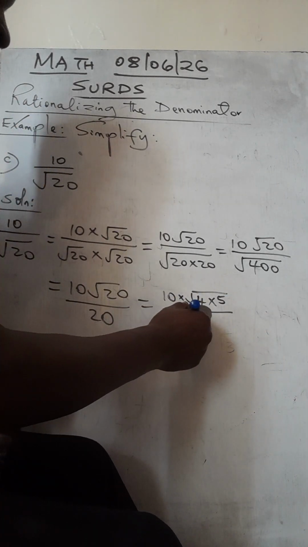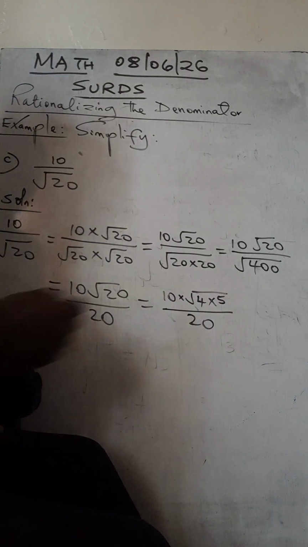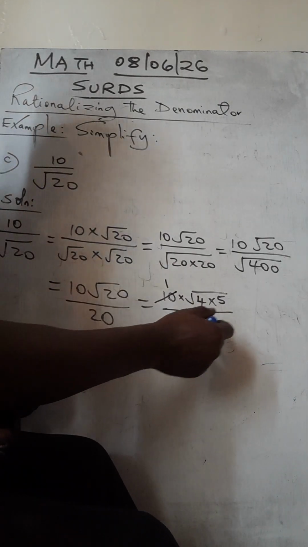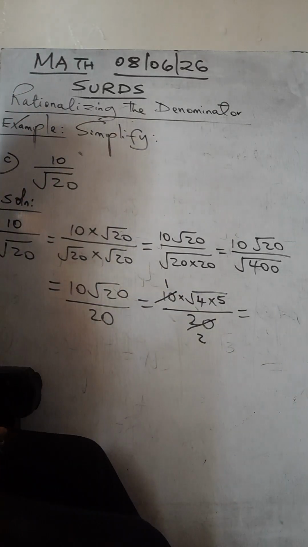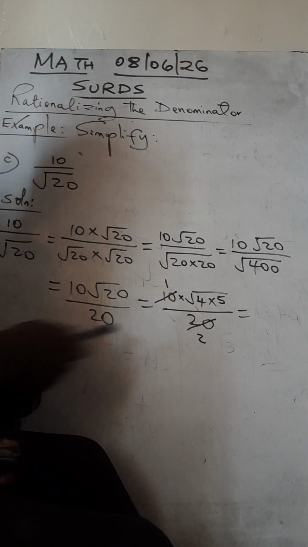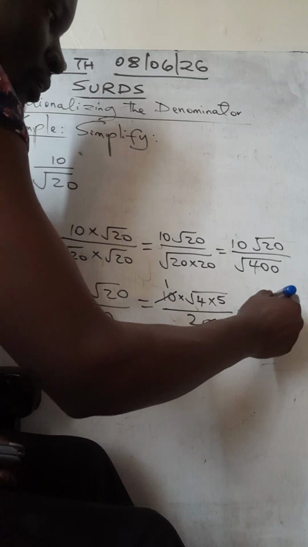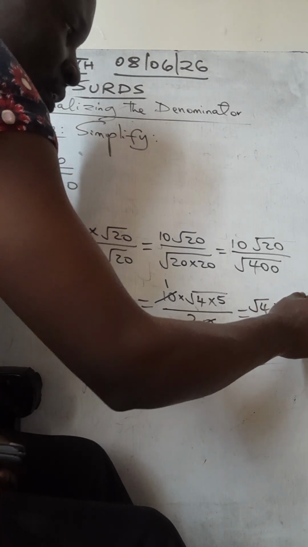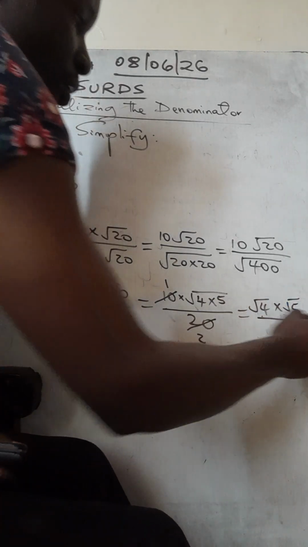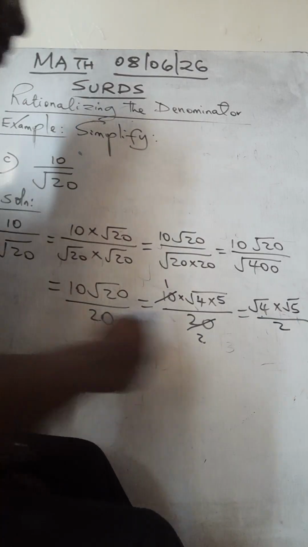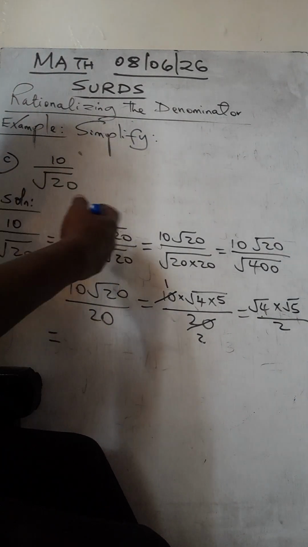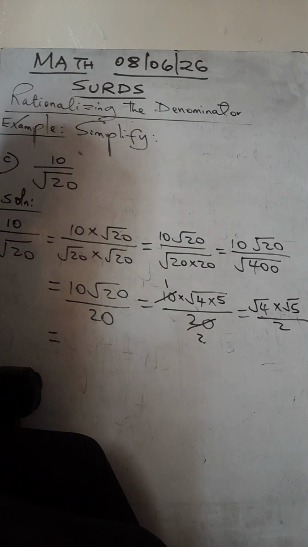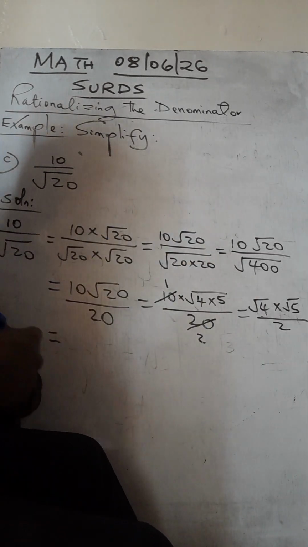And we have this. So this one goes here once, this one goes here twice. So we are left with root 4 times root 5 over 2. I'm breaking it down in so many steps so that you understand. I don't want to omit steps so that you get confused.